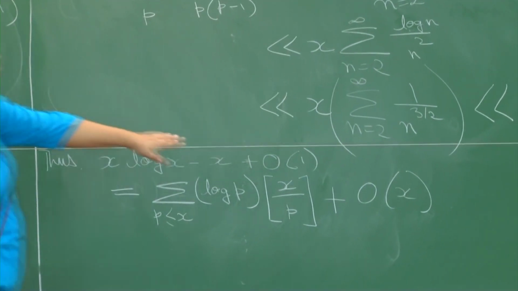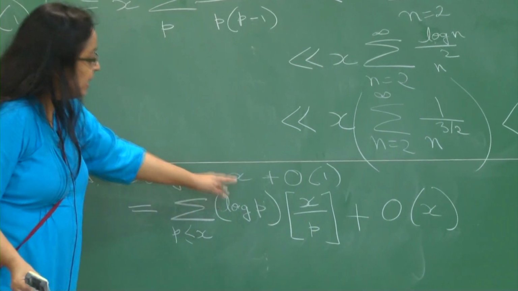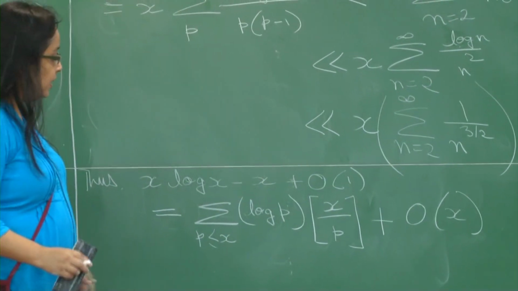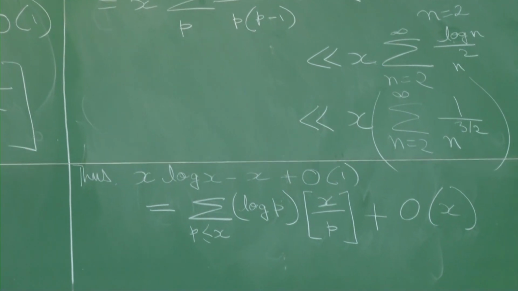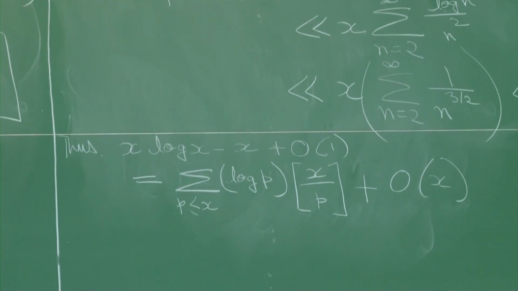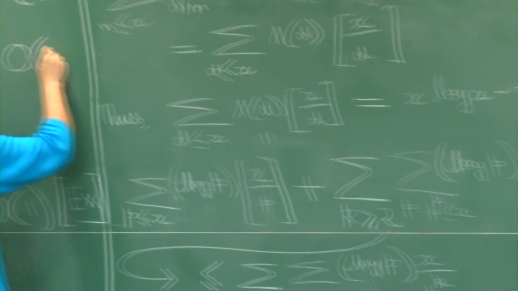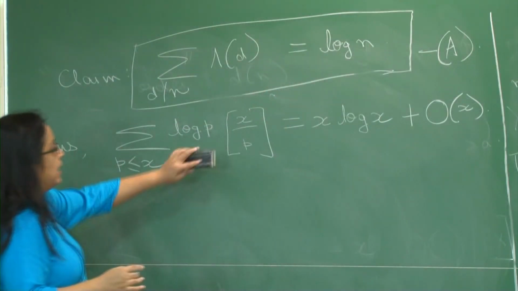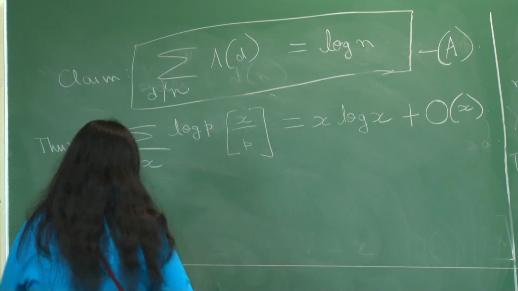So, when O of x comes to the left hand side, your precise term minus x gets absorbed in that, and O of 1 is obviously of a much smaller order than O of x. So, this ends up telling you that. So, this is an important estimate that we will use a lot in this course.